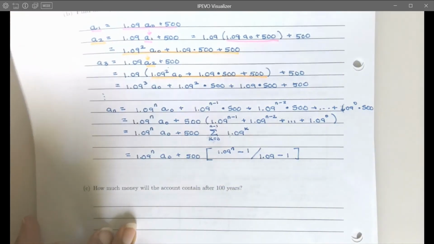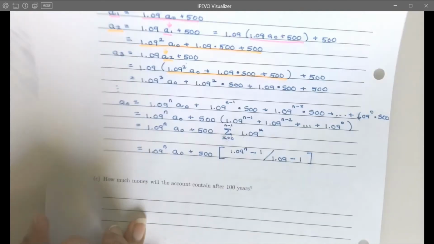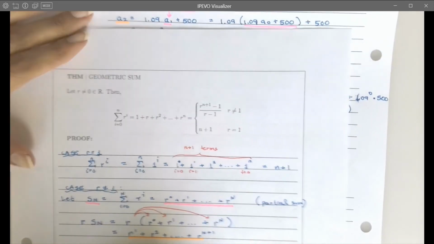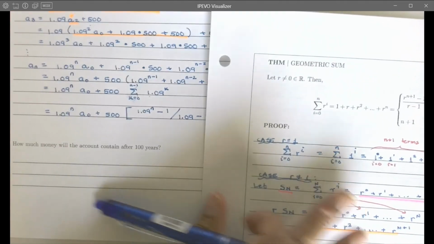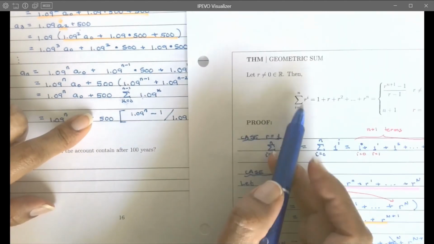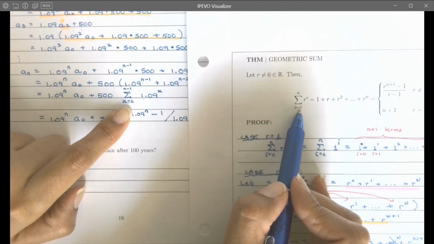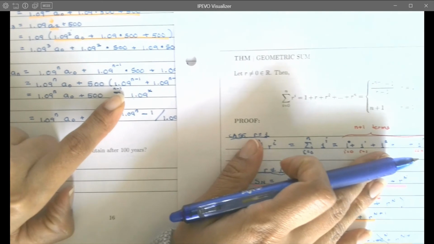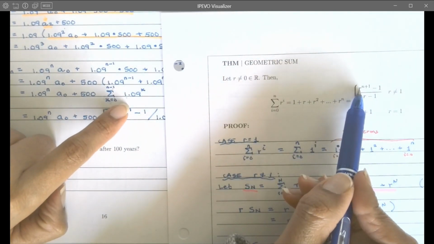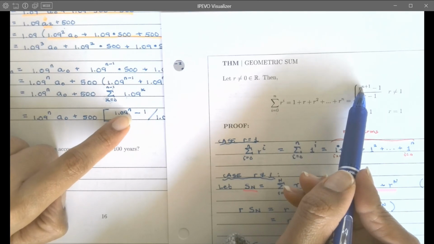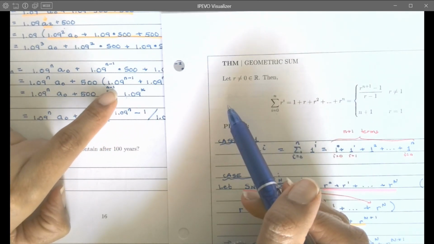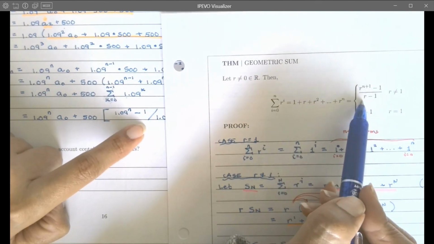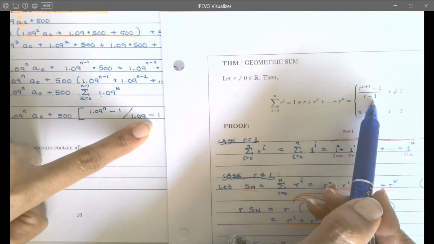And again, that is taken from this theorem that we proved. Okay, let's put it side by side. We just have starting index of 0, r is 1.09, ending index is n minus 1. So then the result will be r raised to the ending index plus 1. In our case, the ending index is n minus 1, so it'll be just to n, minus 1 over r minus 1, which is 1.09 minus 1.